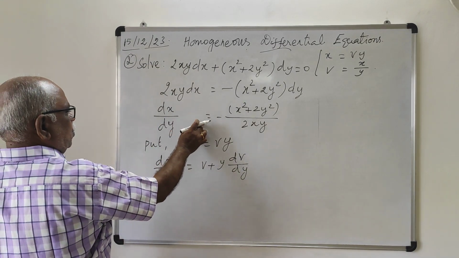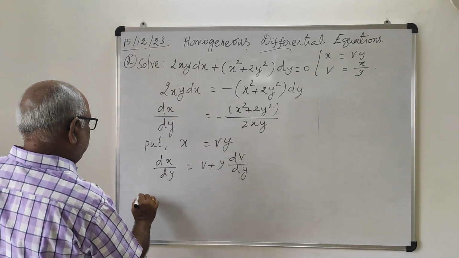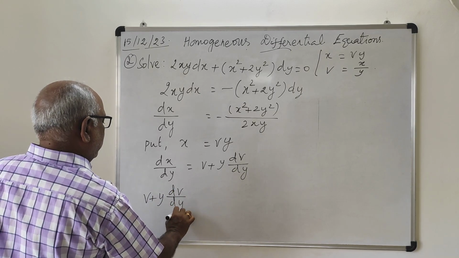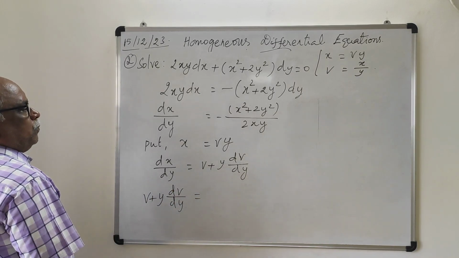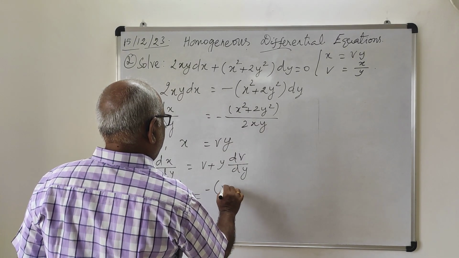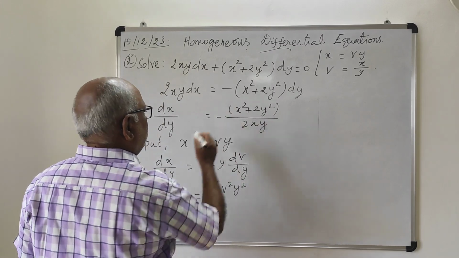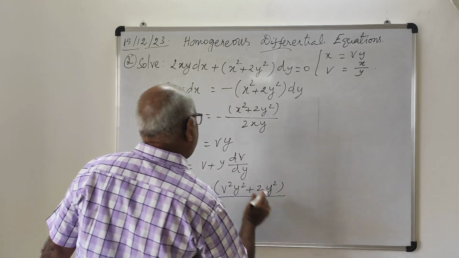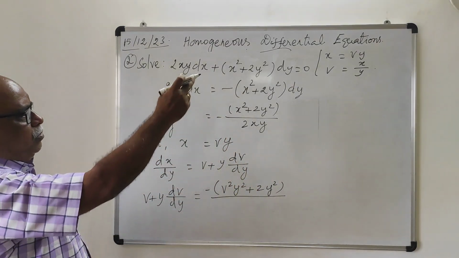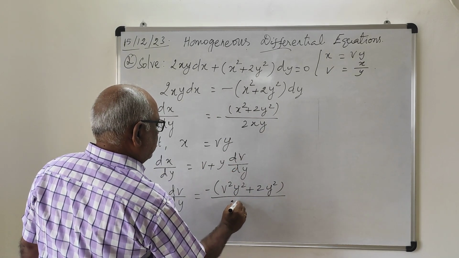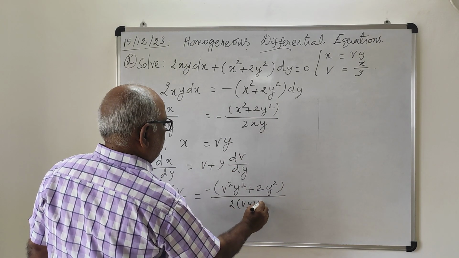So you replace dx by dy by v plus y dv by dy equal to minus of x square, which is v square y square because x equal to vy, plus 2y square, divided by 2 into x, which is vy, into y.